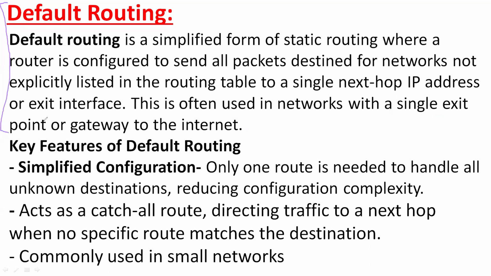If you are allowing the router to forward or receive packets from all networks throughout the IP version 4 range, you have to do less configuration, so the configuration is simplified. Only one route is needed to handle all the unknown destinations.